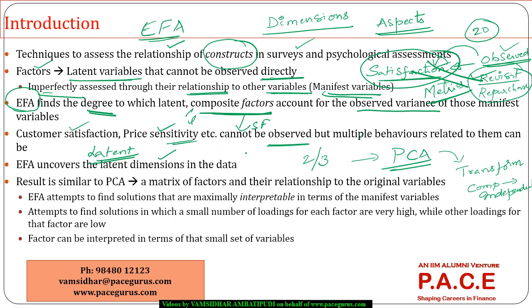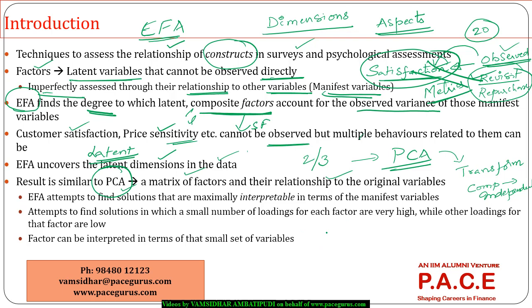But here what we are saying is we are trying to link a latent variable to a set of variables which are the manifesting variables. So that's the small difference that you find between PCA and exploratory factor analysis. Even when you run it in R, the result looks more or less similar to PCA, where I'll get a matrix of factors, their relationship to the original variables.